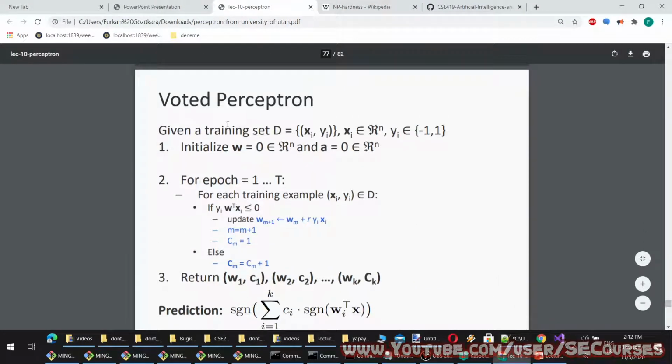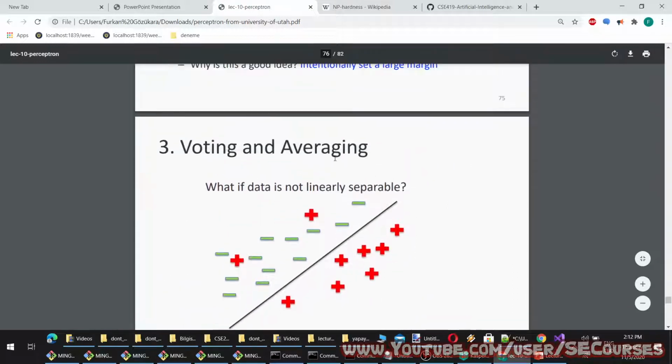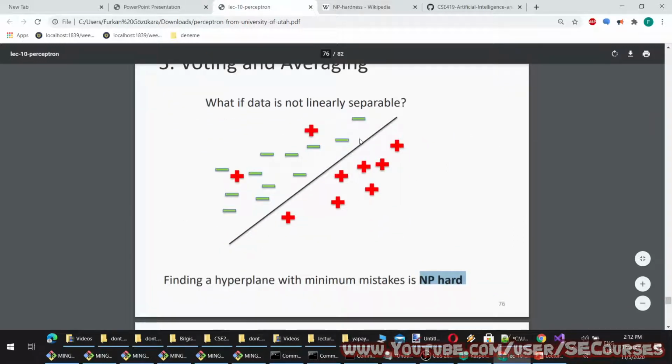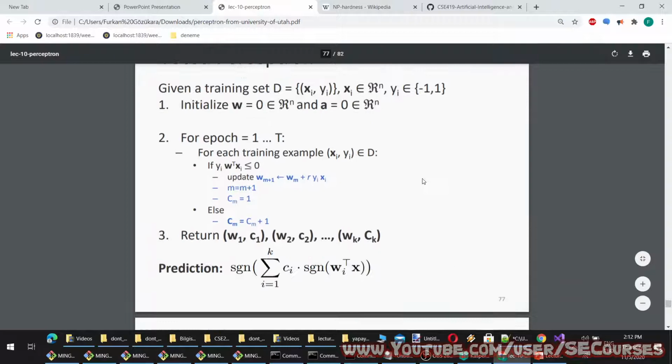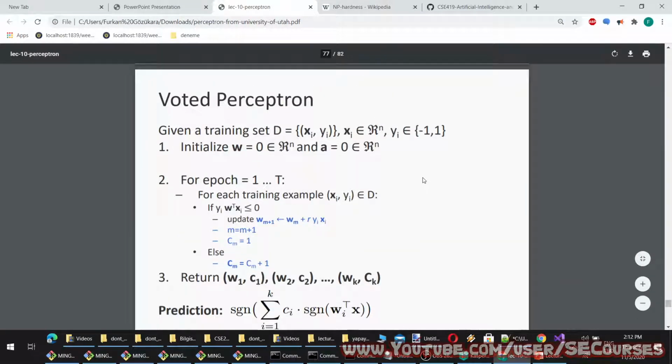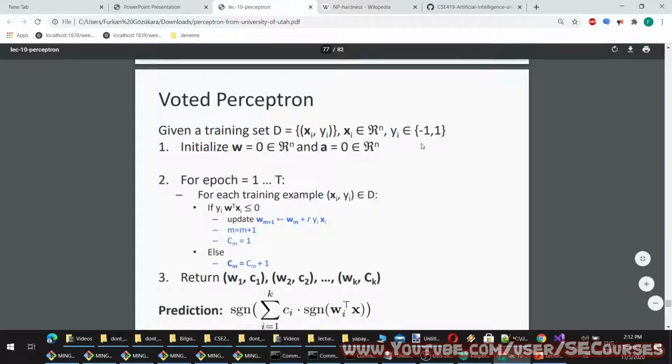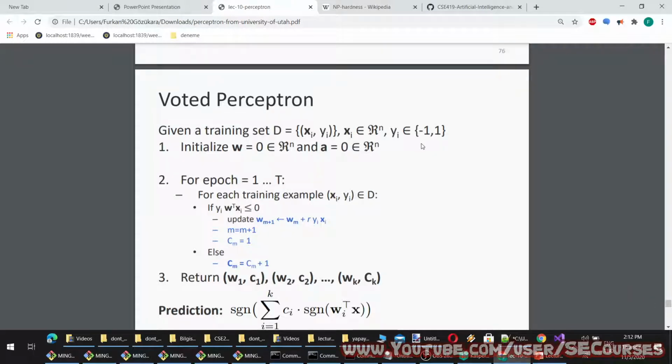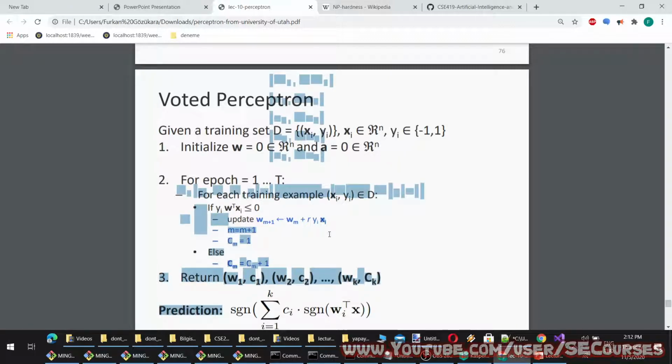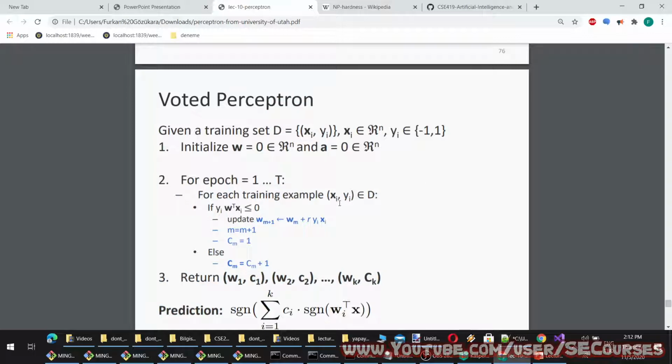So we come to the voted perceptron. This is better than the regular algorithm at obtaining a better hyperplane to separate classes. The difference in this one is that we again have weights equal to the number of features. However, whenever we update the weights, we keep the previous, unupdated weights.